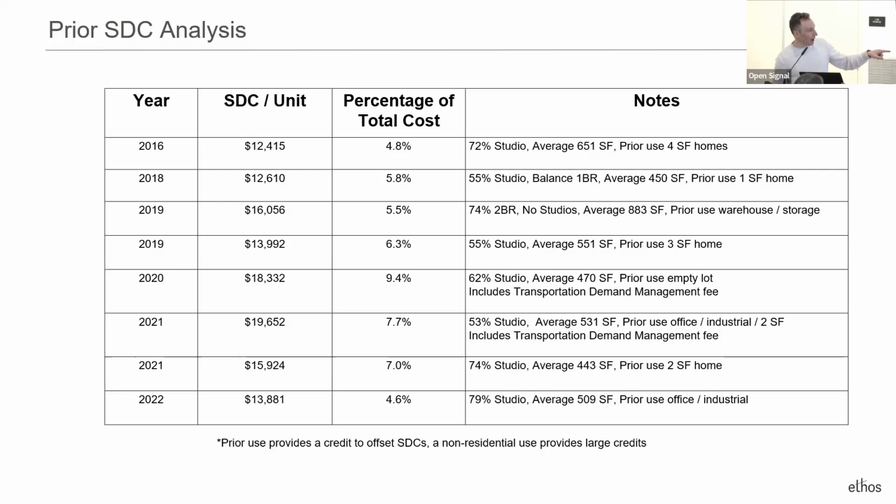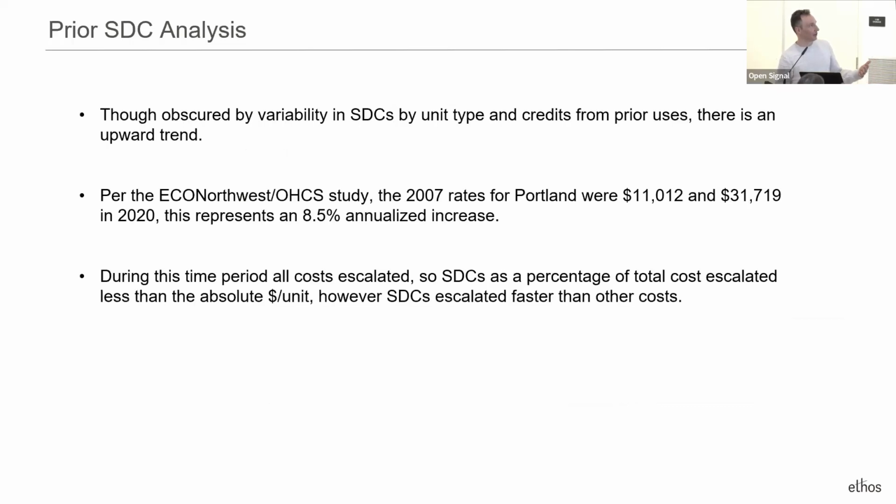The one on the bottom had some heavy SDCs with a big offset, which is why it's 4.6%. But there is a broad upward trajectory, and I want to get into that on the next slide: how construction costs and other costs have changed versus SDCs.